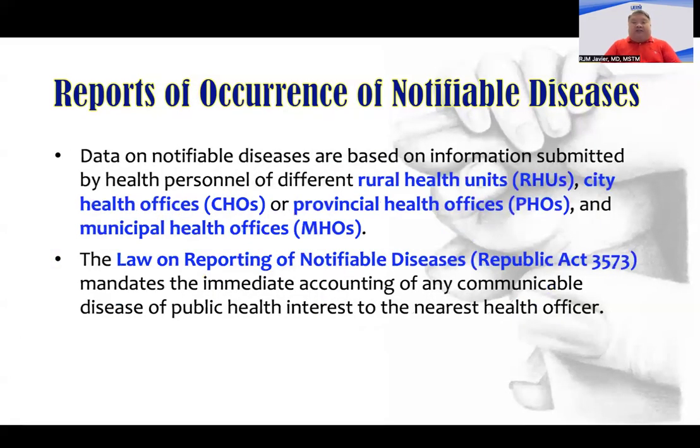Now, data on notifiable diseases are based on information submitted by health personnel of the various health systems that we have, beginning with the rural health units or the city health offices or the provincial health offices and the municipal health offices.